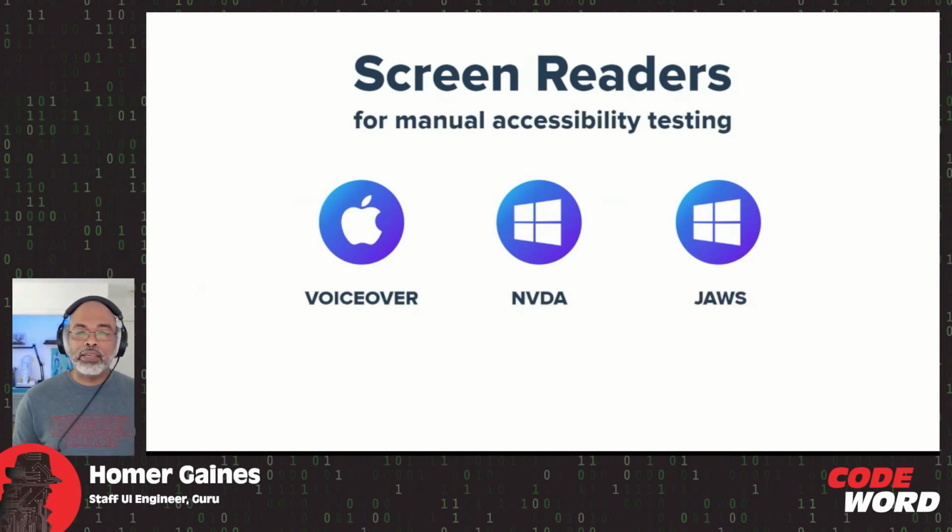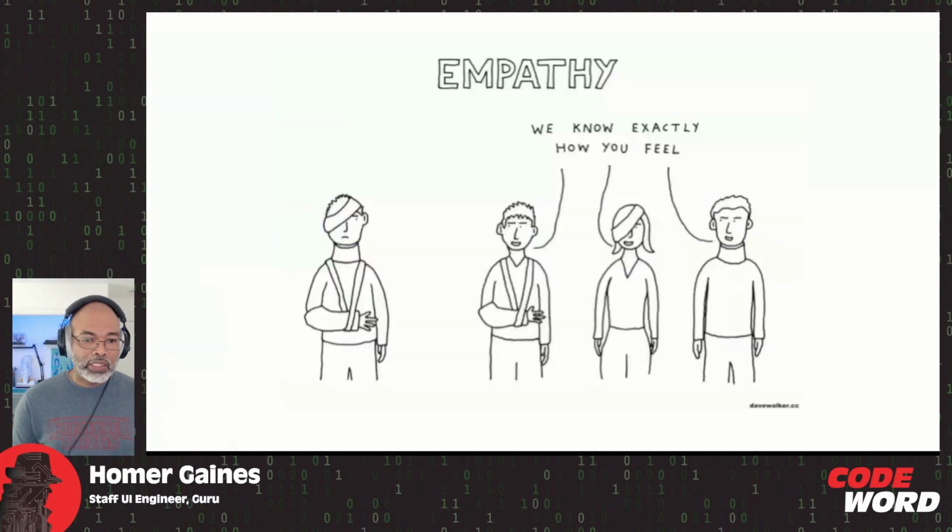Testing is paramount. It will help you understand how individuals who use screen readers and other assistive tech actually interact with and perceive the information inside of your website, your application, your product.